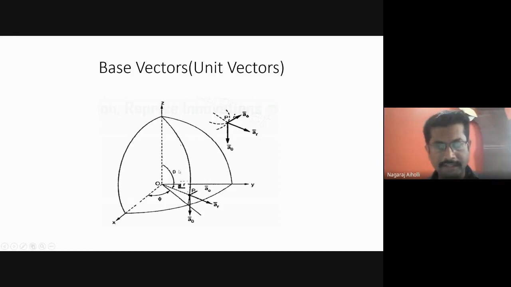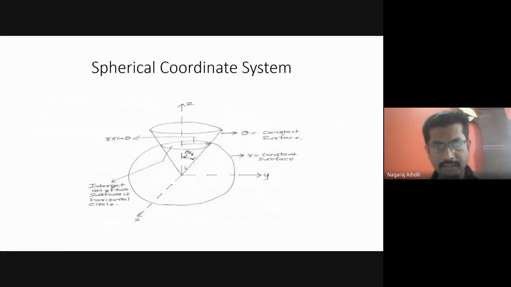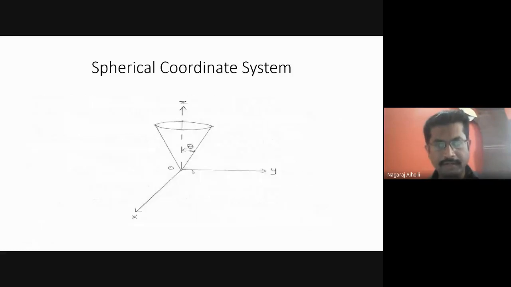This is our half angle theta for the right circular cone, which you can see in this figure. This is the increasing direction of the angle theta.